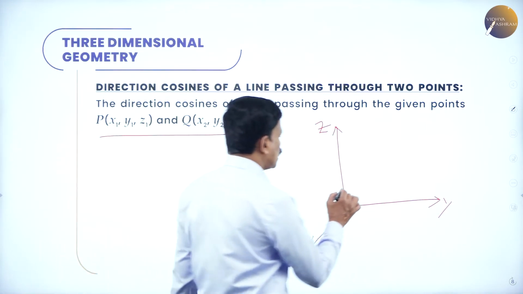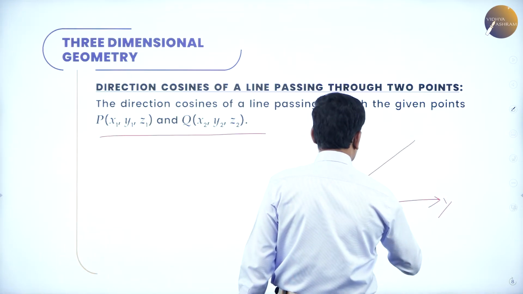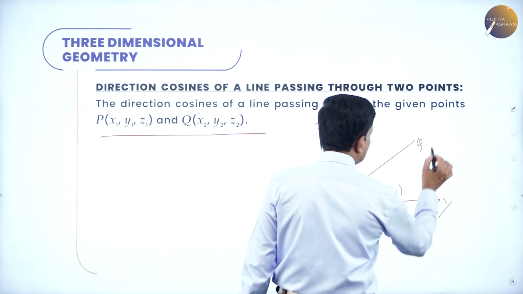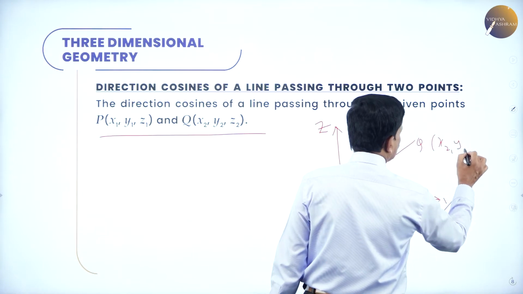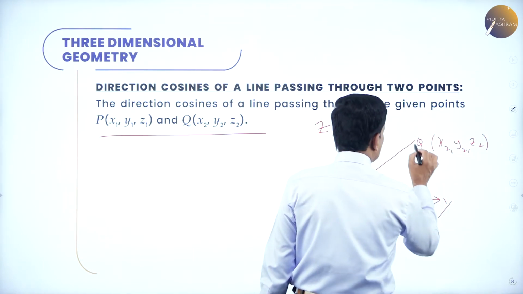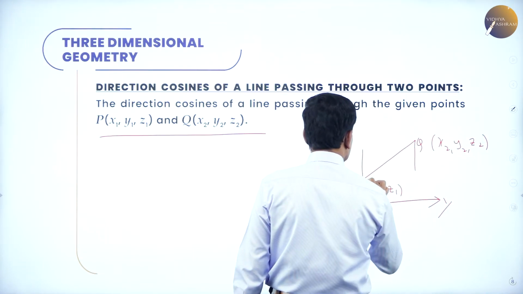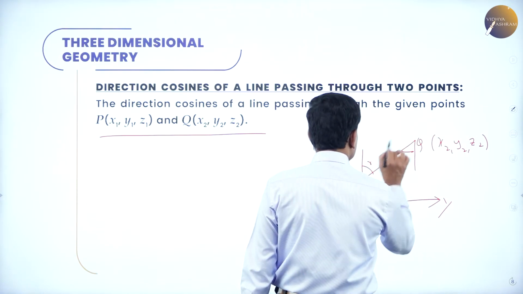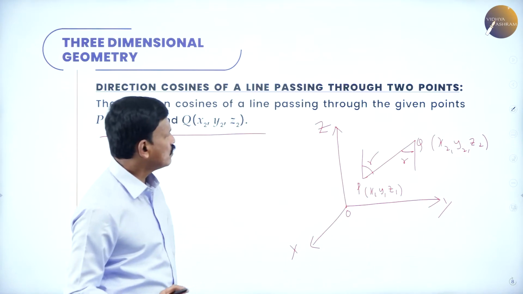Suppose this is the line PQ, where P is x1, y1, z1 and Q is x2, y2, z2. Suppose on the z-axis it makes an angle gamma.